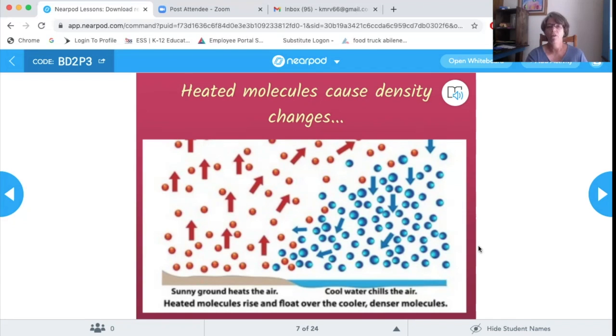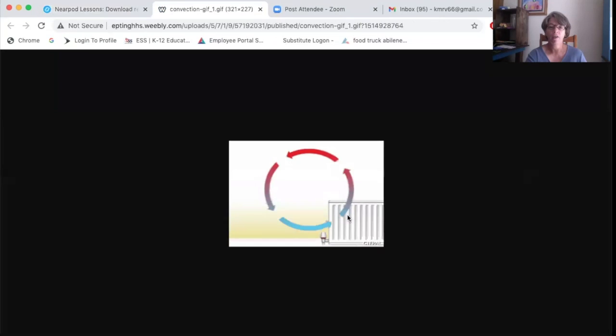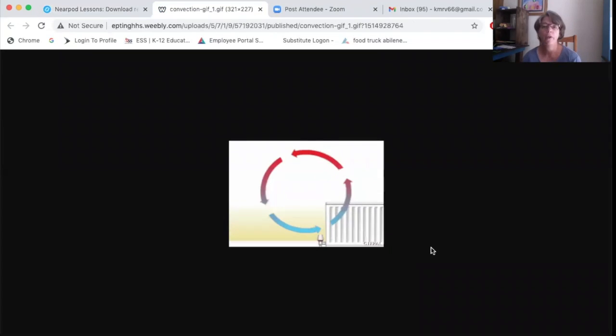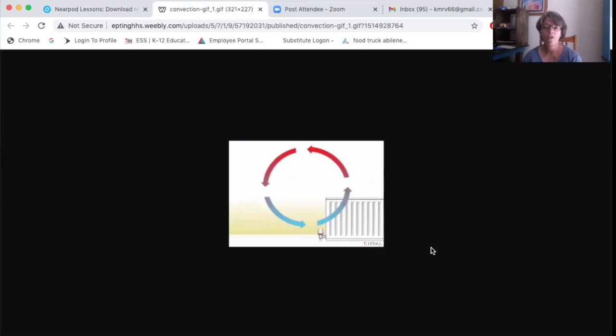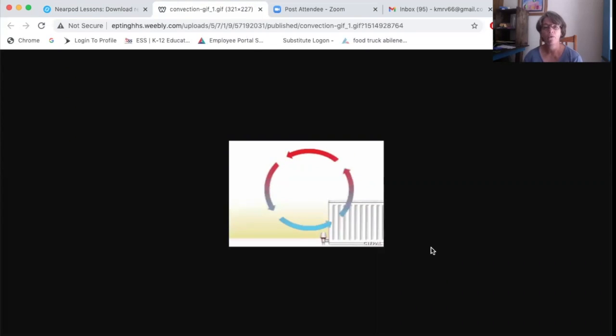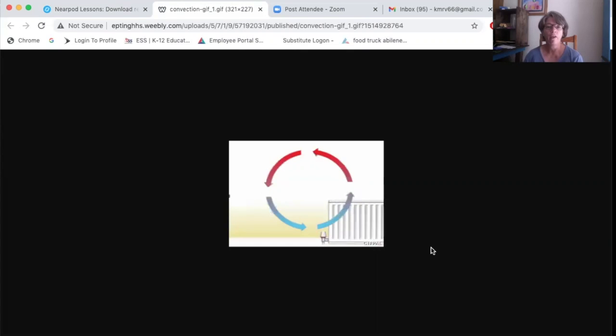So when these two are occurring at the same time, when you have a mixture of a hot and a cold material, like air would be, or a heat source that's causing it, you have a cycle that goes around, and that cycle is called a convection current.